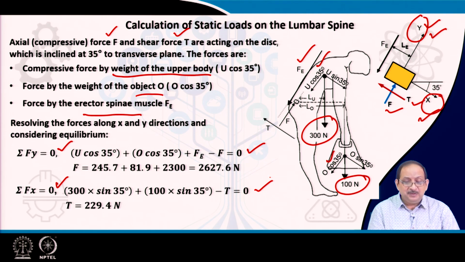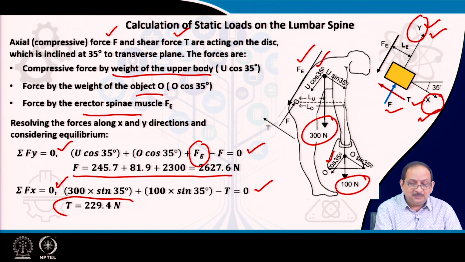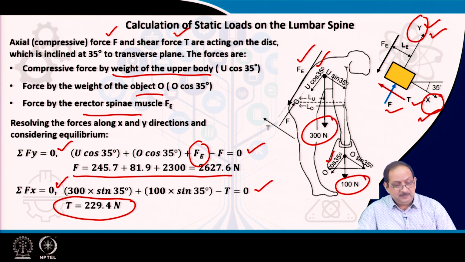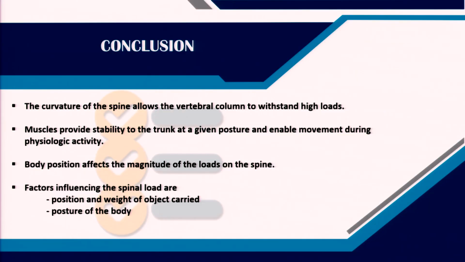From the first equation, we can find the value of the axial compressive force F, and we can substitute the value of Fe, which we calculated in the earlier slide. From the second equation, we can find the value of the shear force T. So, finally, we arrive at the solution that the compressive force F is 2627.6 Newton and the shear force T is 229.4 Newton.